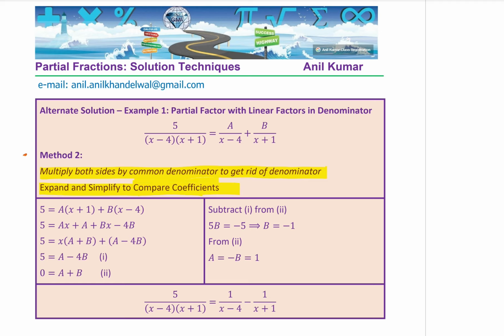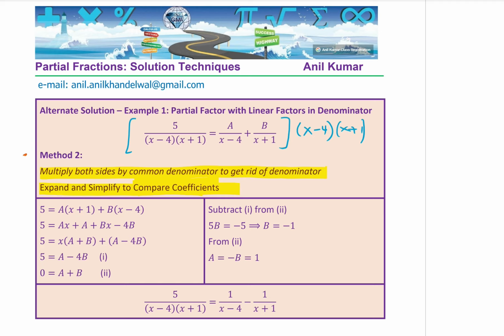Once we multiply, as we did earlier, both sides by the common denominator, which is x minus 4 times x plus 1 in this case, we get on the left hand side 5 and on the right hand side a times x plus 1 plus b times x minus 4, as we got earlier, right?